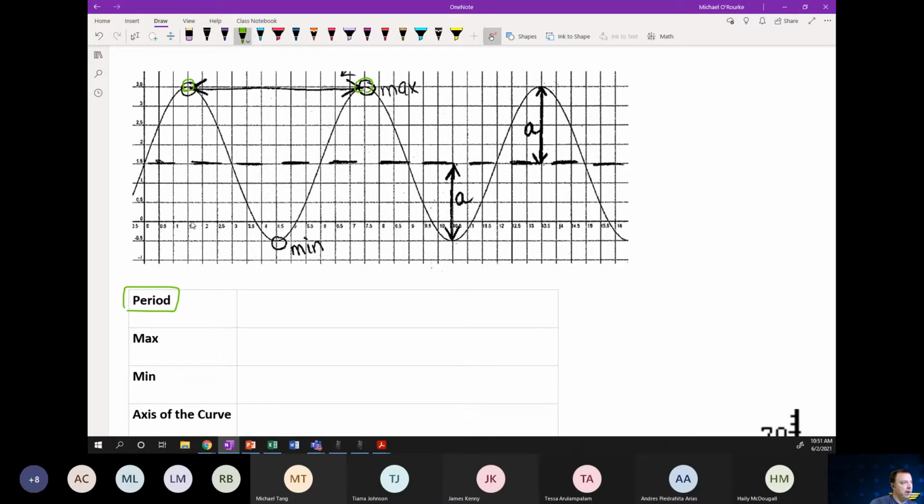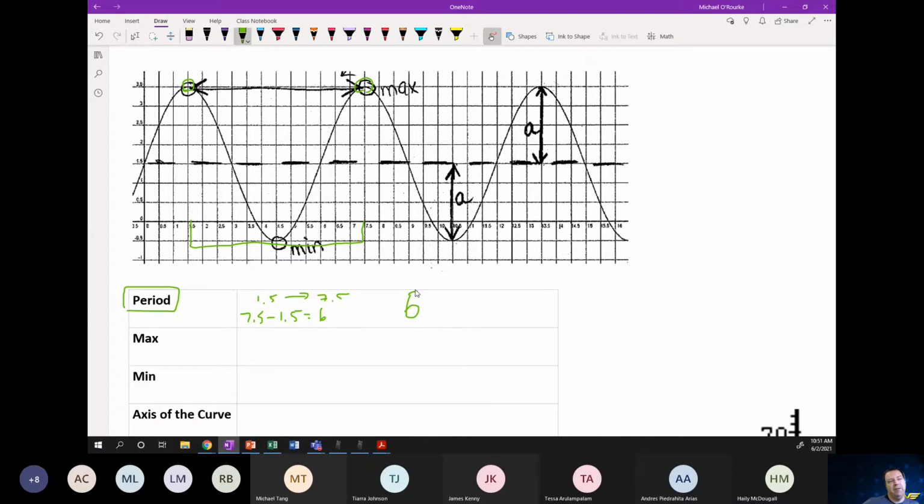Down here is 1.5. It's going to go here to 7.5. So 1.5 to 7.5. So that is 6. I could take the larger one off and go 7.5 minus 1.5 equals 6. Okay? So that's my period there.